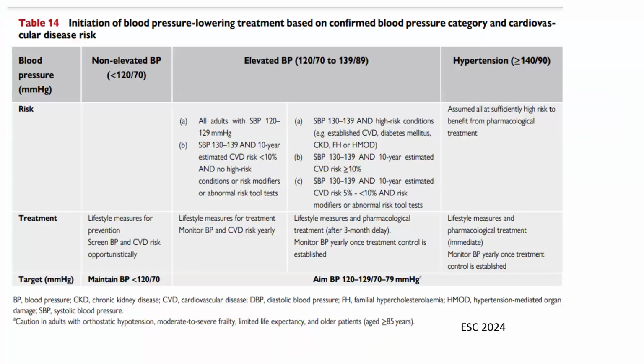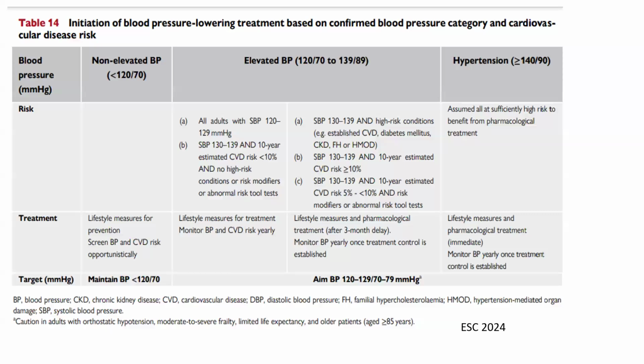And recently, the European Society of Cardiology also incorporated this cardiovascular risk stratification component into their management of blood pressure. So for patients with elevated blood pressure, they recommended that the risks be stratified with their SCORE tool.